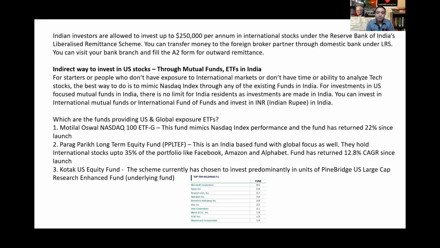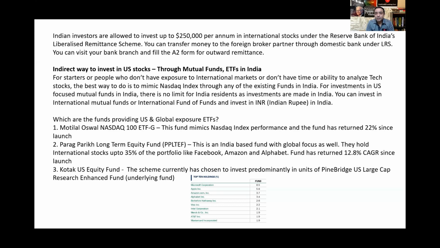They have up to 35 percent of the portfolio invested in global equities, primarily US, from what I can see. They have the FANG stocks, I think: Facebook, Amazon, not Netflix. I could see Facebook, Amazon, Alphabet in their holdings, and also probably Suzuki, which is the Japan-based parent company of Maruti in India. So these are the international stocks they hold in their portfolio.